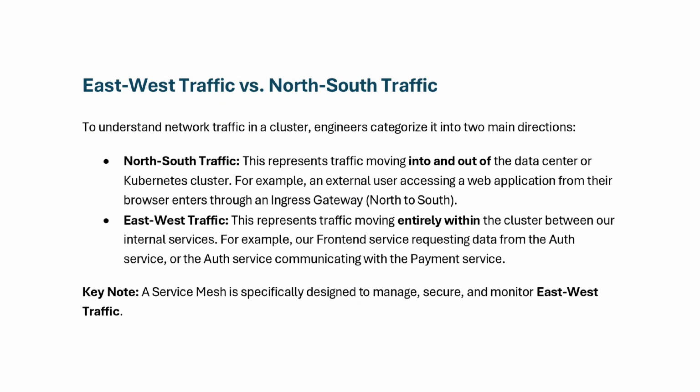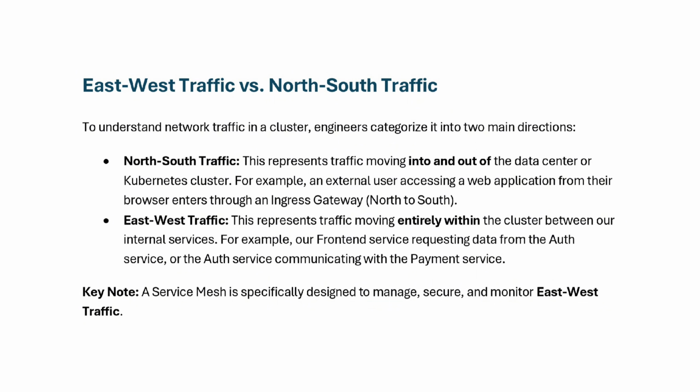Now let's understand what is east-west traffic versus north-south traffic. To understand network traffic in a cluster, engineers categorize it into two main directions. North-south traffic represents traffic moving into and out of the data center or Kubernetes cluster. For example, an external user accessing a web application from their browser enters through an ingress gateway; that is north to south.